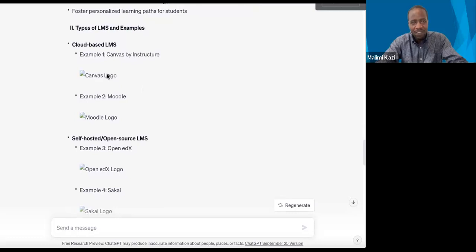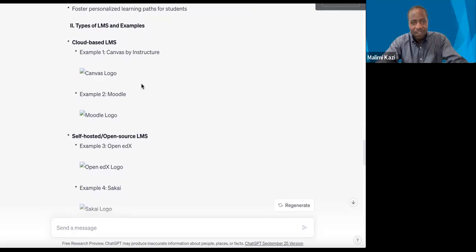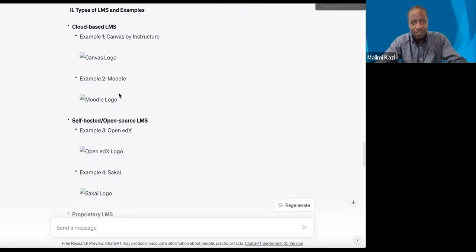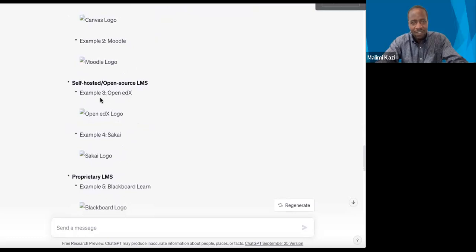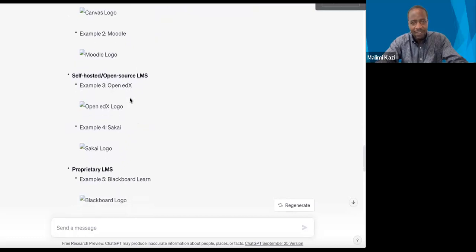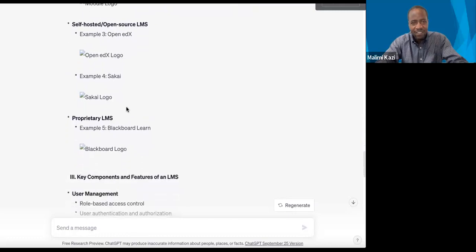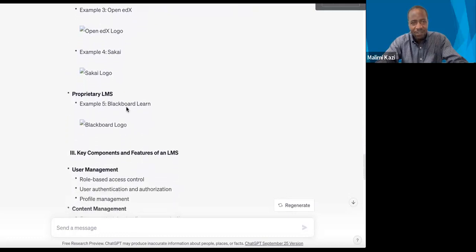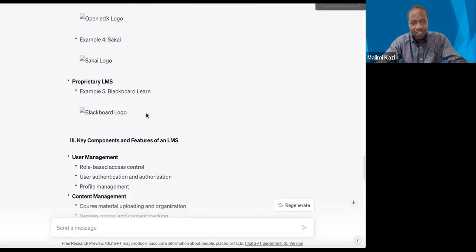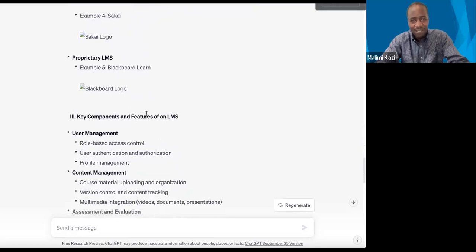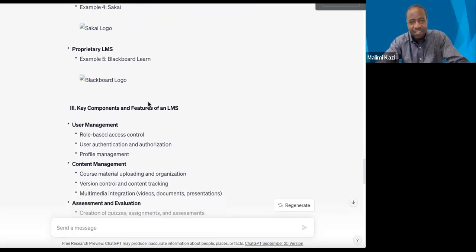The first one is Canvas by Instructure. The second one is Moodle. Another one is OpenEdX. Another one is Sakai. And the last one is Blackboard Learn. Yeah, so the examples are there, although the pictures are not showing here.